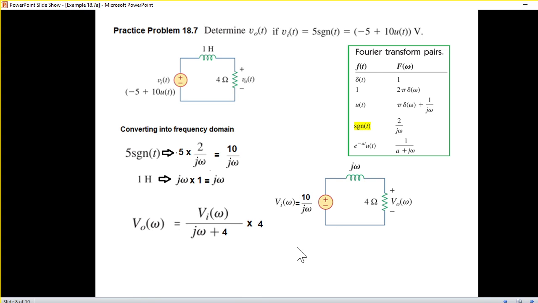We follow the same technique. Vo is Vin divided by this, multiplied by the voltage across which we are going to find the output, so multiplied by 4. From here, we move this to the left-hand side to get H(omega). So H(omega) will be 4 over j omega plus 4.